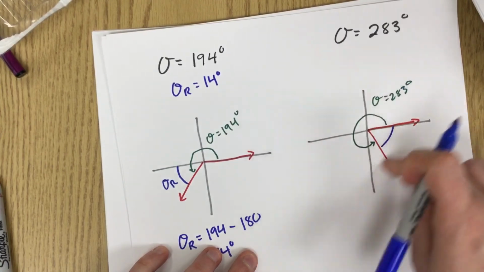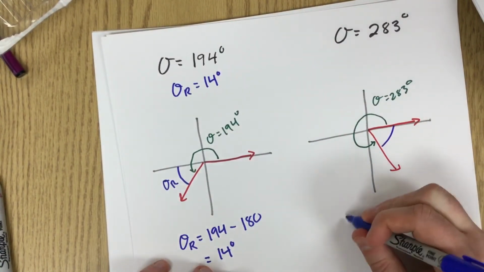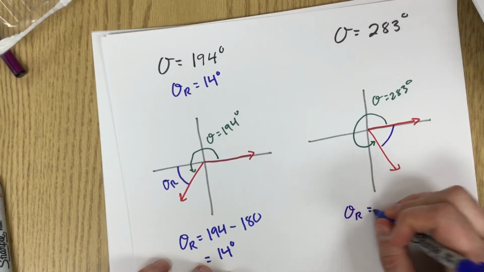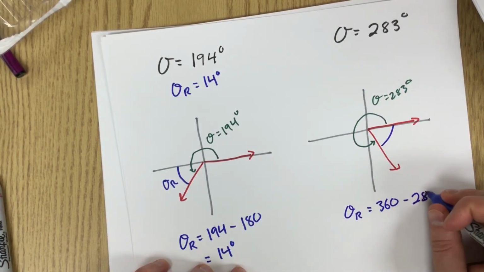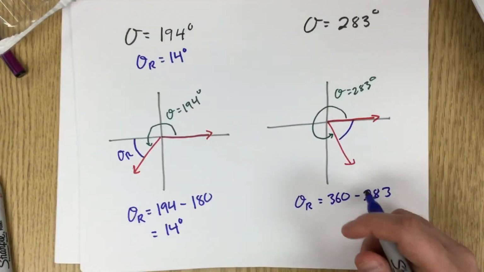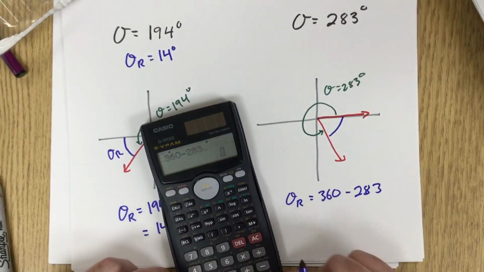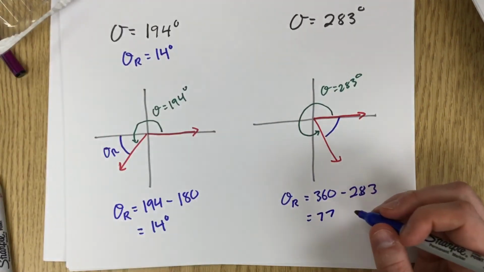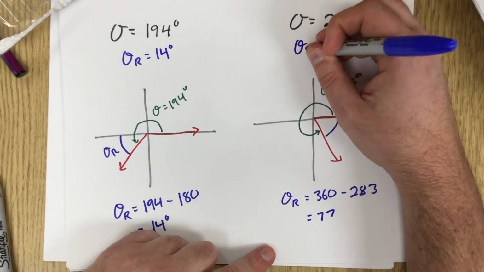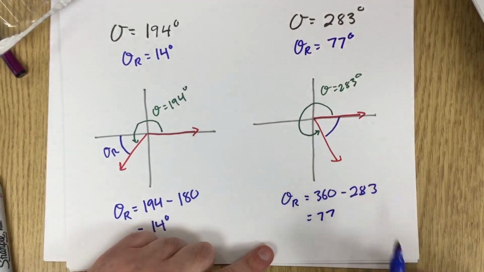So it's going to be the whole 360 minus the 283 that gives us the blue. So the related acute angle is going to be 360 minus 283, which is, calculator time for me, 77. So the related acute angle is going to be 77 degrees.